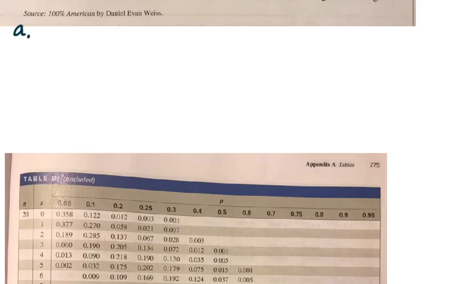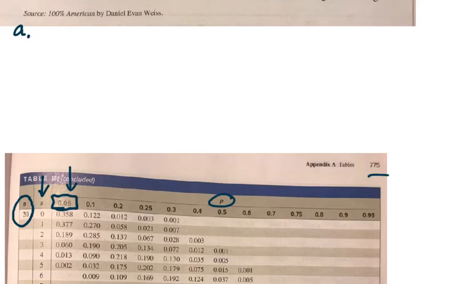As you can see here, we have n equals 20, these values of x, and here p is equal to 0.05. So we're looking at this column of this page of table B.